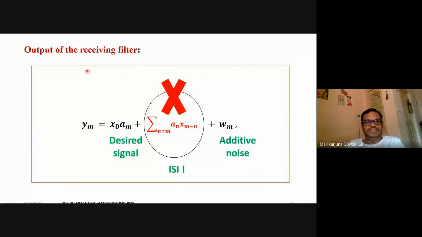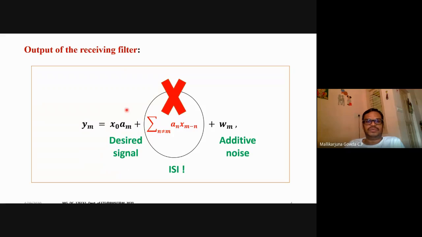This is the output of the receiving filter: y of m, at m times capital T, which is equal to y_m = x_0 a_m + summation over n not equal to m of a_n x_{m-n} + w_m. It has three parts.